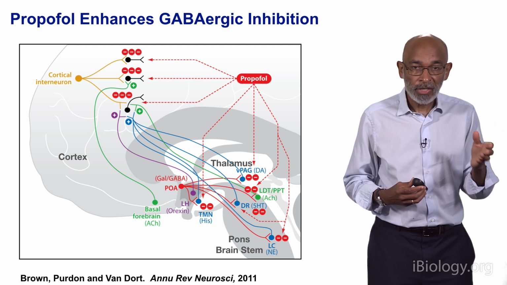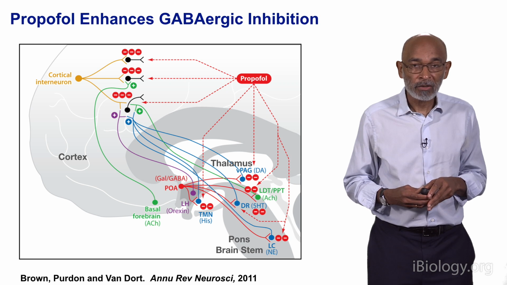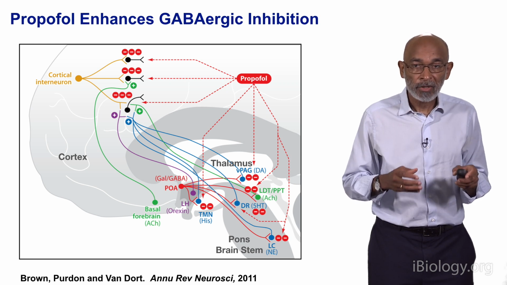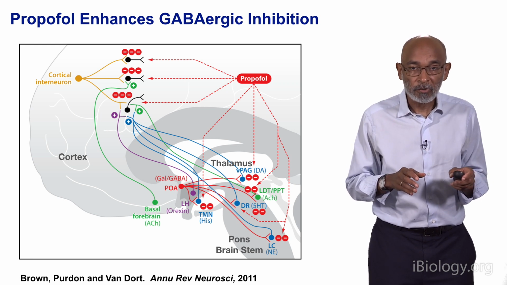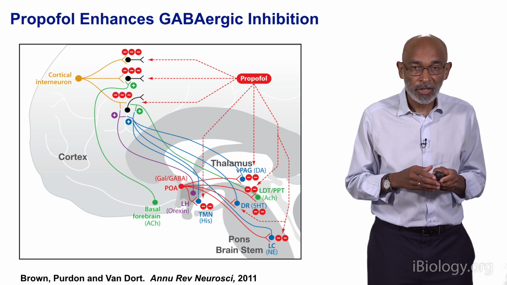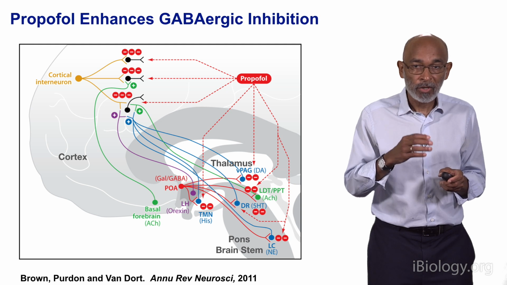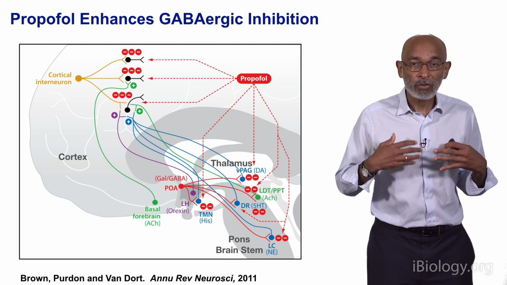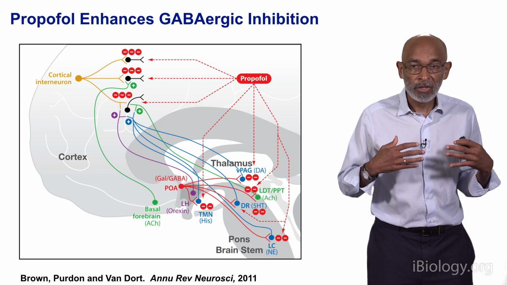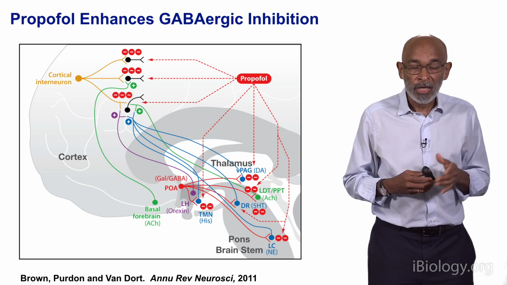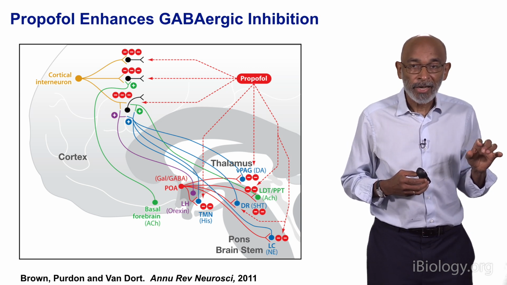But now what we see is, so this is anatomy which we can write out without doing any experiments because this has been known for years, okay? So the propofol is going to find these sites where the GABA is, and it's going to affect the activity of the neurons that have these receptors. And I'll tell you one little factoid.